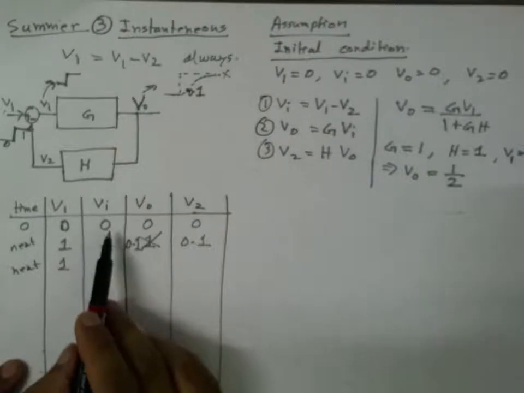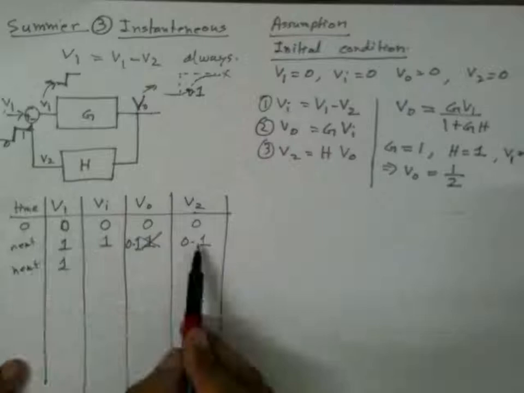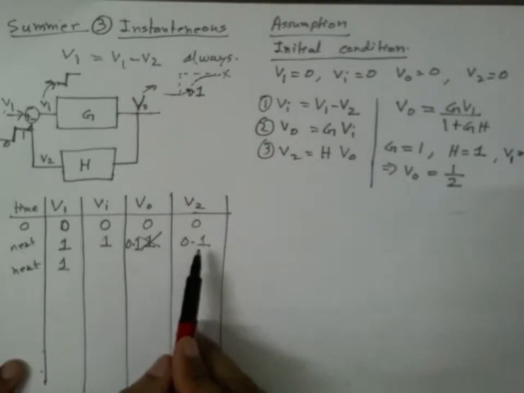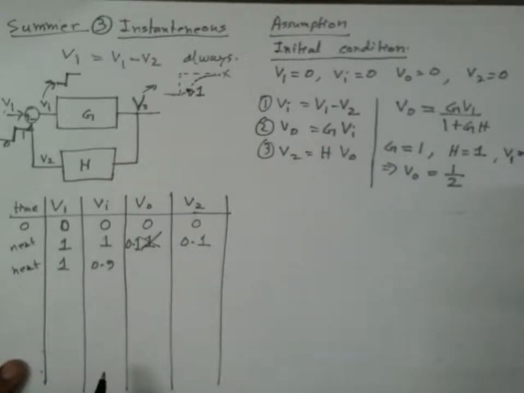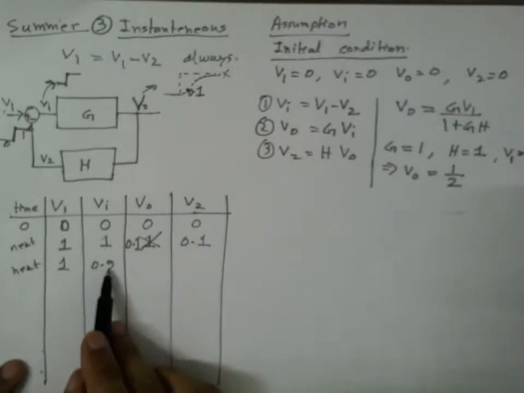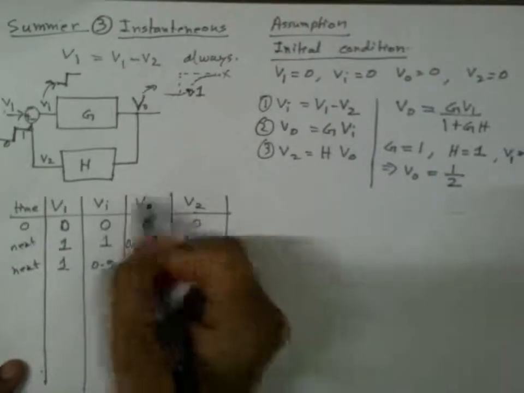Now V1 is 1 minus V2, that is 0.1, so this will be 0.9. Now this is 0.9. Okay, so now what should happen to VO?